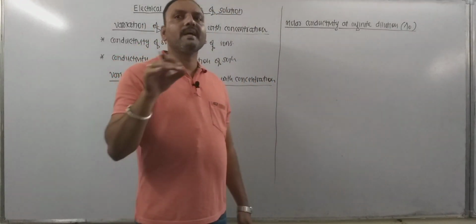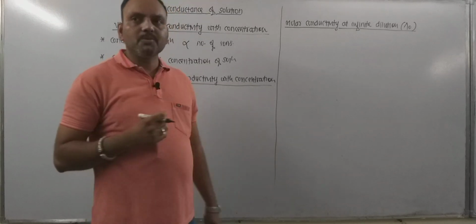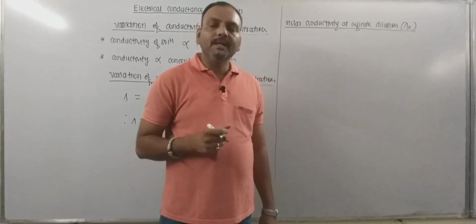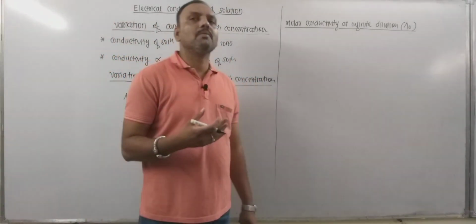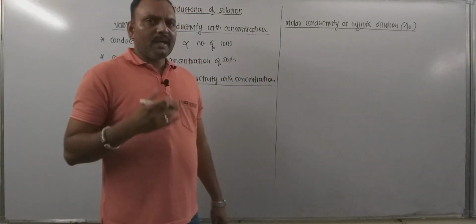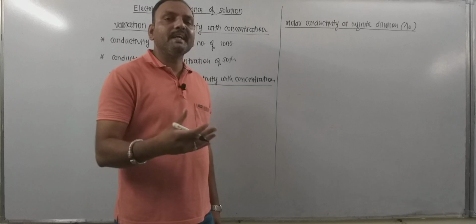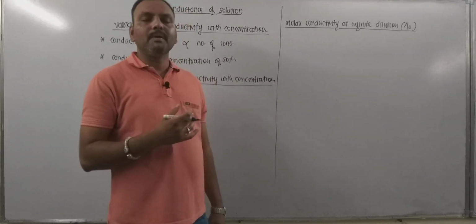So what is infinite dilution? Take an example, take any solution, now add solvent to it in order to dilute it. Earlier we discussed that due to the addition of solvent, I mean due to dilution, molar conductivity increases and reaches the maximum.